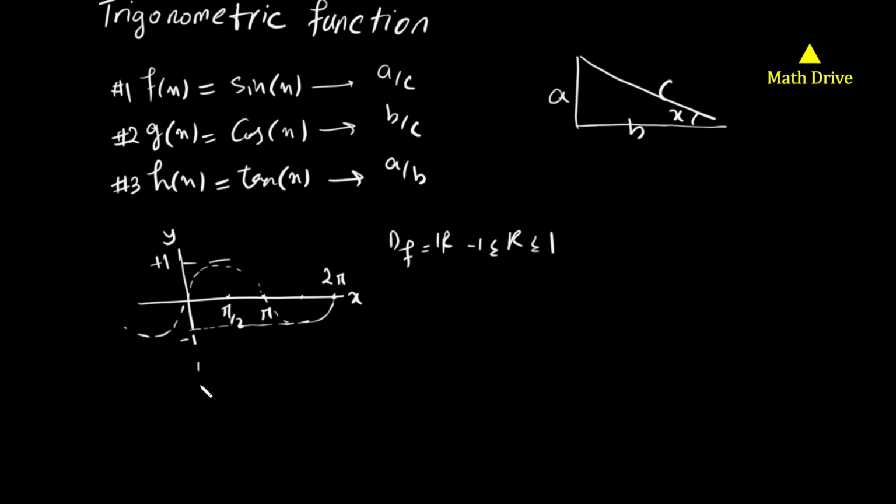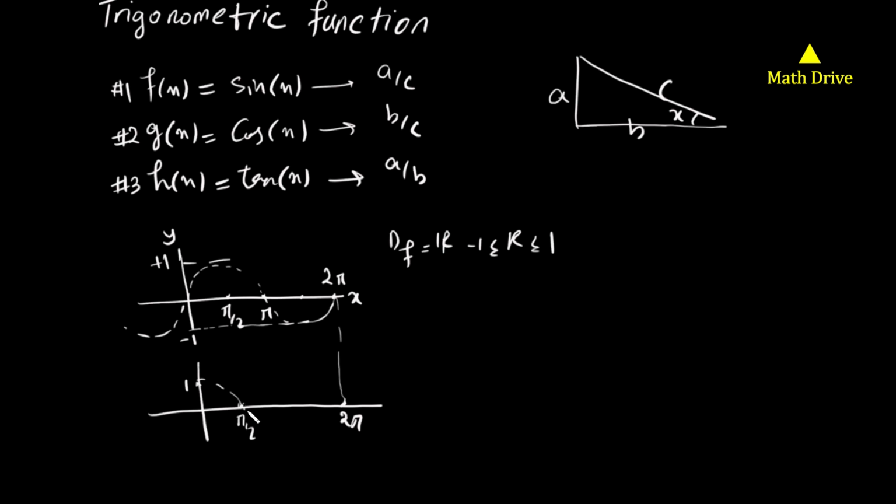The cosine function actually has the same domain and range, but is slightly different. Cosine 0 is 1, compared to sine 0, which is equal to 0. It has the same fundamental period, 2 pi, and at pi over 2 it is going to be 0.